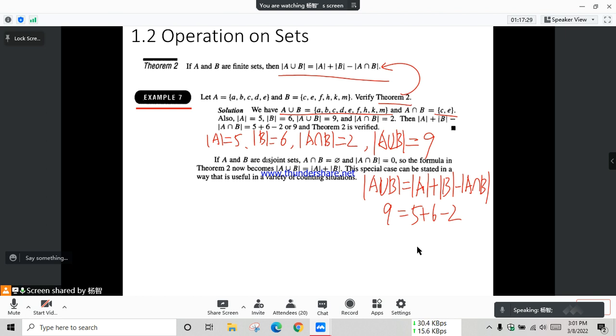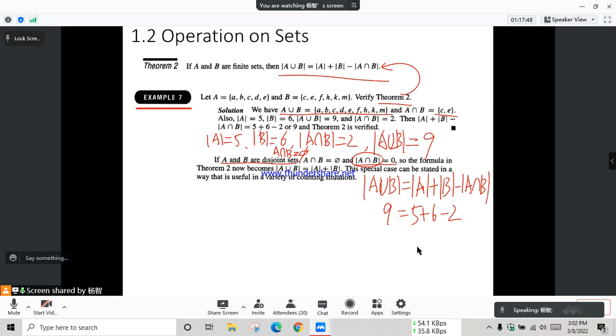And if A and B are disjoint sets, it means the intersection of A and B is empty, right? Then the cardinality of that part is 0.